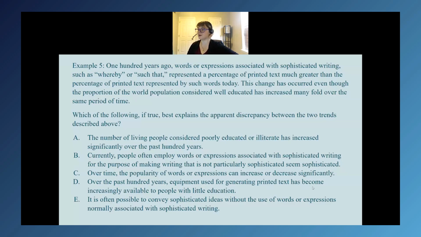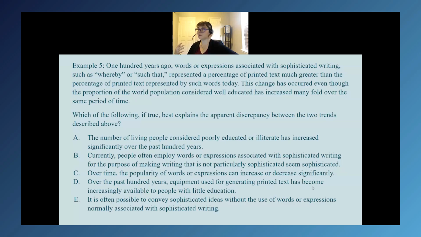That's just not helpful. D, over the past 100 years, equipment used for generating printed text has become increasingly available to people with little education. So, if 100 years ago, one person in a town had the ability to print text and they were smart, and they used sophisticated writing, then 100% of the people in that town would have used sophisticated writing.